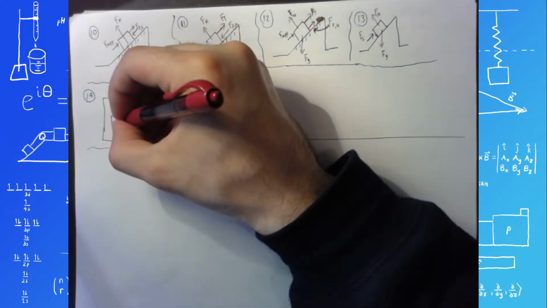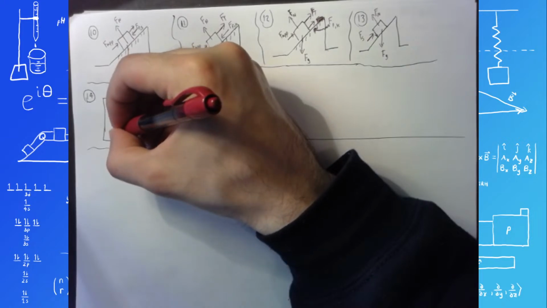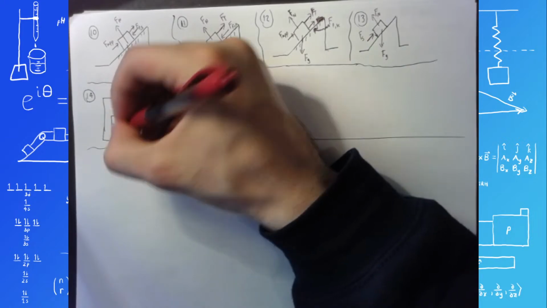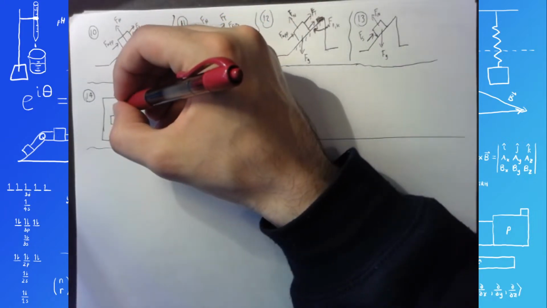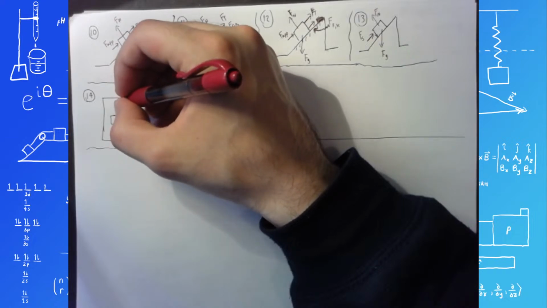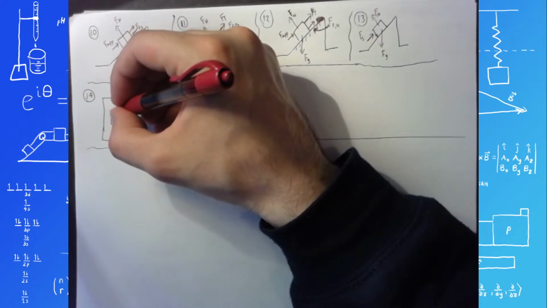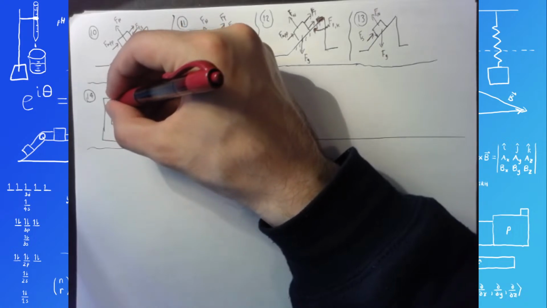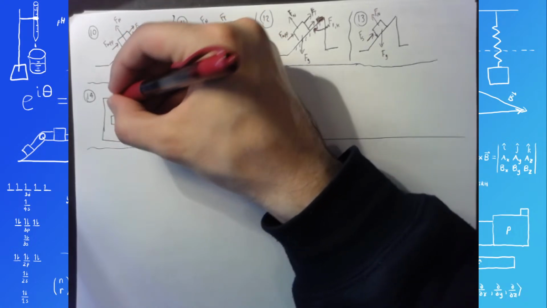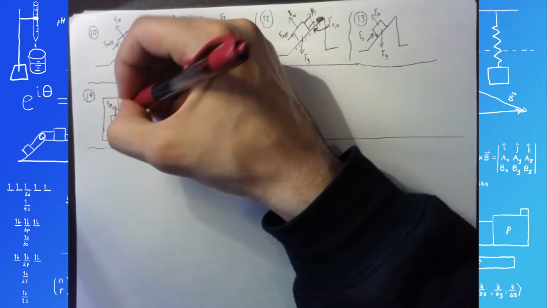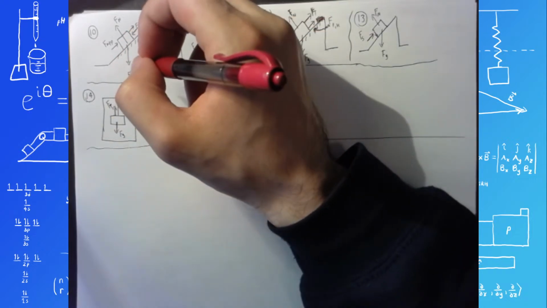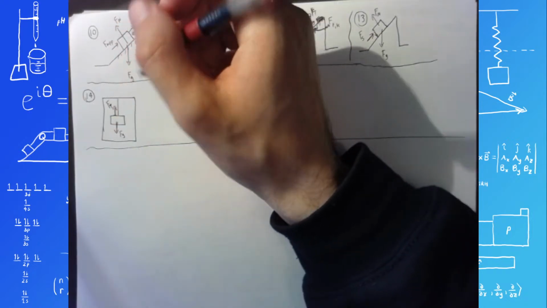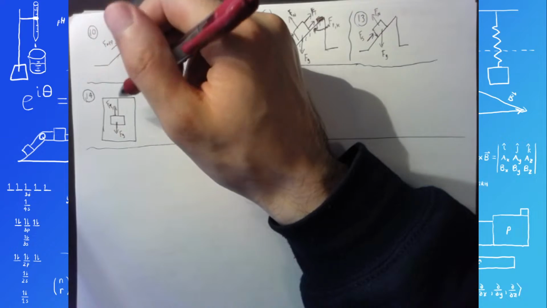Well, we assume this is still on Earth, so force of gravity straight down, and the rope is gonna be pulling up. The rope would have to pull up, so force of tension upward. This block is not in contact with any surfaces, so no normal force for once.